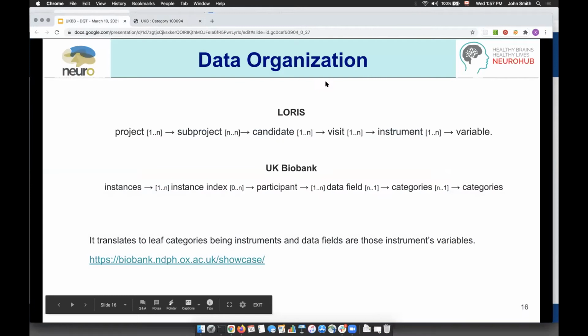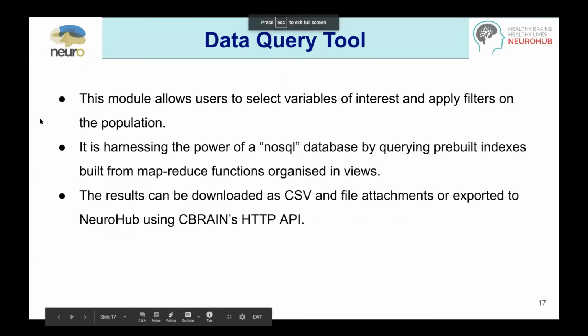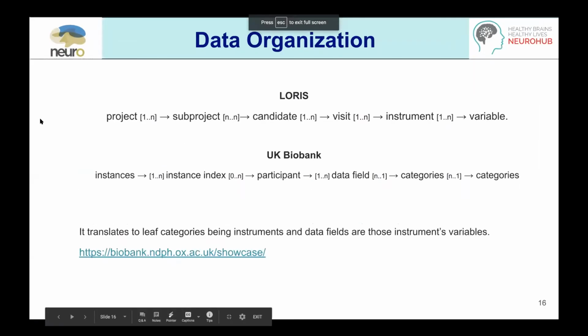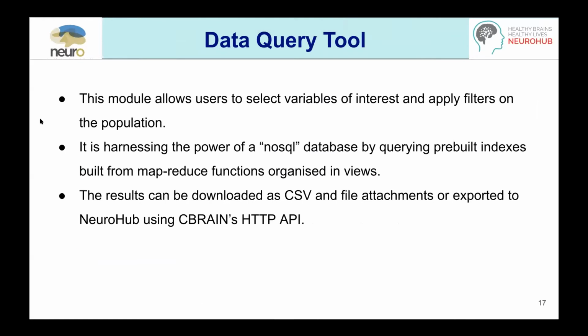I'll go back to the presentation. So in the data query tool, as mentioned by Samir earlier, this is a powerful tool that allows, without having to write any SQL code, to select a set of variables, apply a filter on a population of participant sessions, and extract the relevant variables.